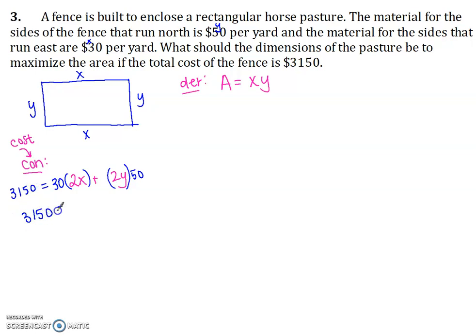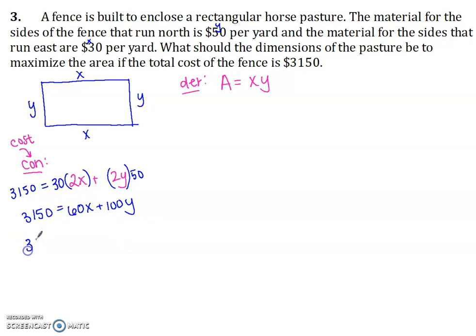And then I'm just going to simplify this. So this will be 60x plus 100y. Now, once you've got your constant equation, you're going to solve it for one of the variables. It doesn't matter which one you solve for. I usually solve for the one that has a smaller coefficient.